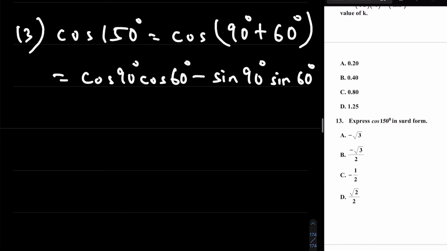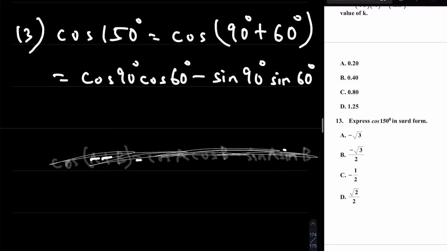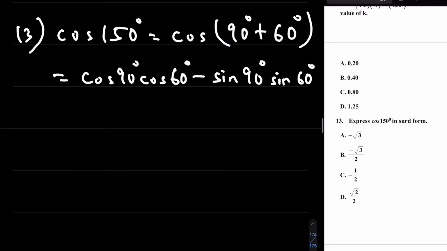We know that cos A plus B is equal to cos A cos B minus sine A sine B, and that's why cos 90 plus 60 is equal to cos 90 cos 60 minus sine 90 sine 60.